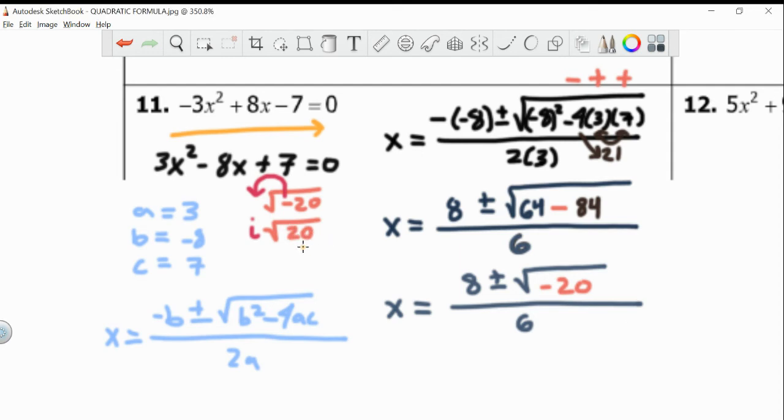And then simplify your 20. 2 times 10, 2 times 5. We've got 2 2s coming out front with the i, left over 5. And so this would be 2i square root 5.